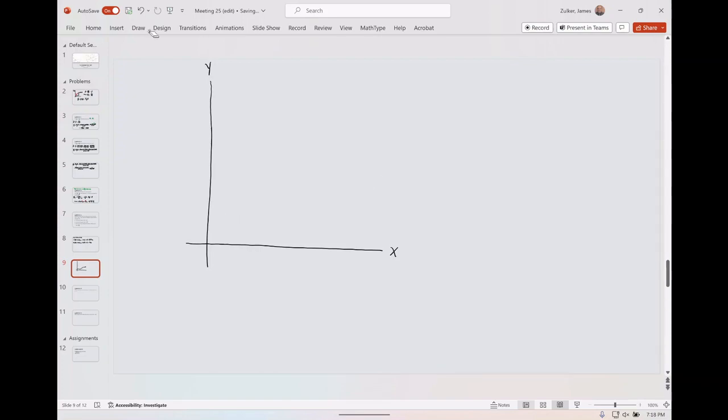Let's make the curve a little bit better. Now we're given some curve, C of t.